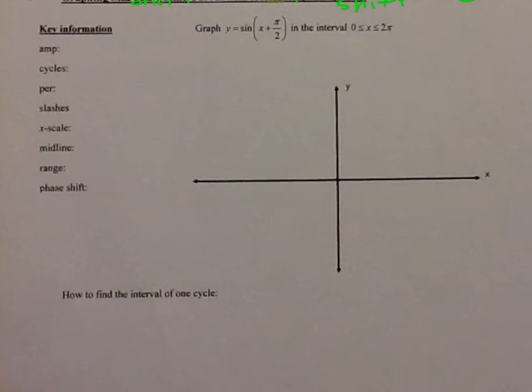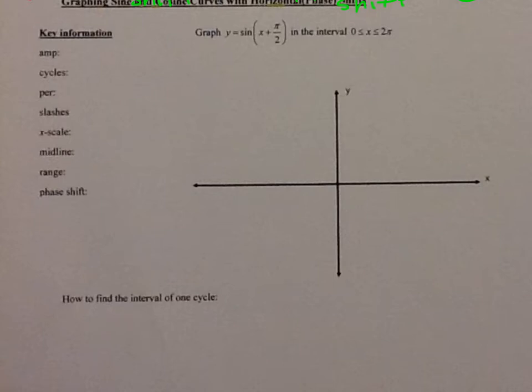All right, so let's see. My b is on the outside because I noticed that my x is by itself. I have a 1 in front of x. So the amplitude is the absolute value of 1, which is 1. I have my number of cycles. That's what's in front of the parentheses here, which is a 1. The period is 2 pi over 1, which is 2 pi. The number of slashes would be 4 times 1, which is 4.